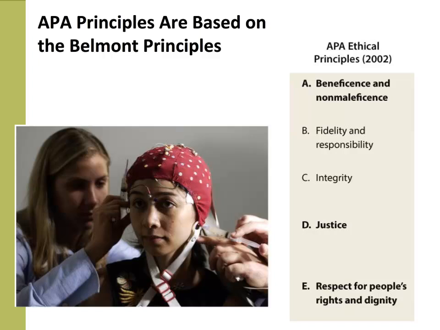Sometimes they'll go to the Hill and lobby for increased psychological research funding. Other times, maybe they will just lobby to have psychology recognized as a STEM discipline. So a science, basically. We want to be considered a science. Our principles are based on research, so they do quite a bit of lobbying.